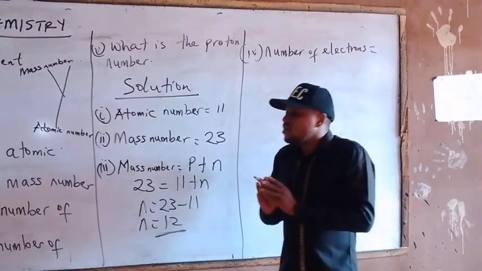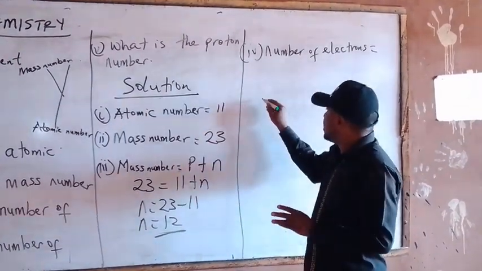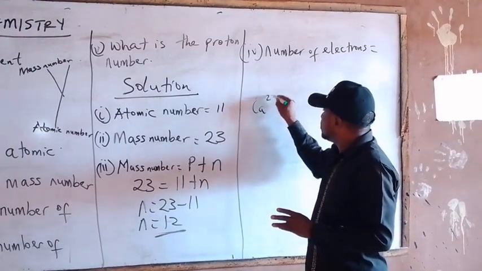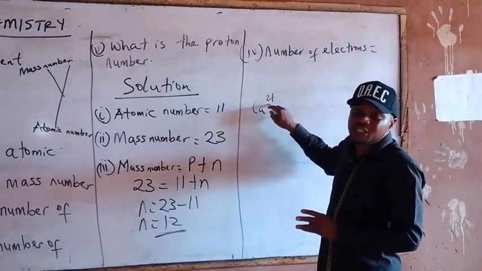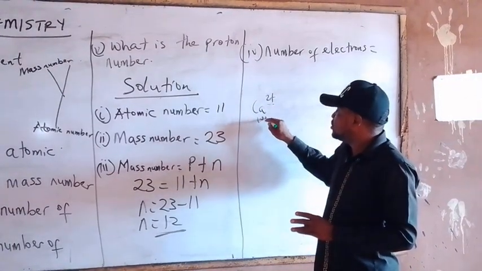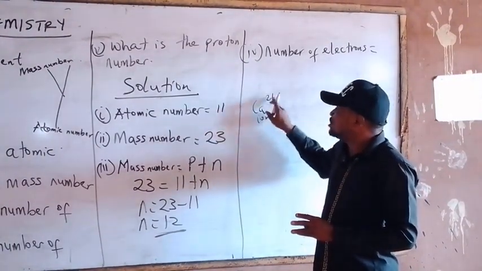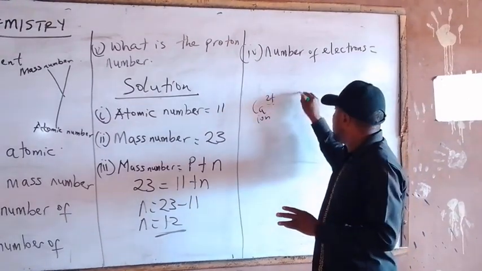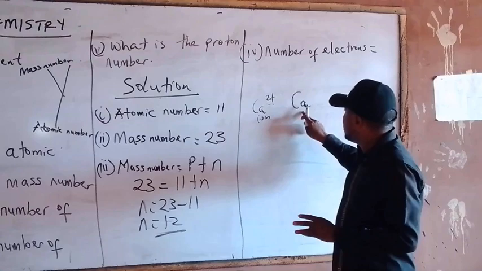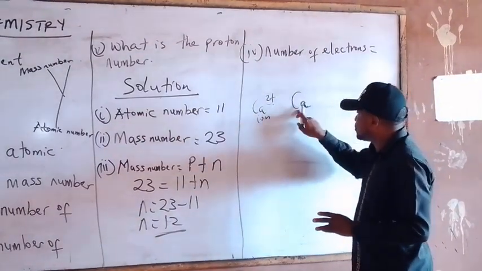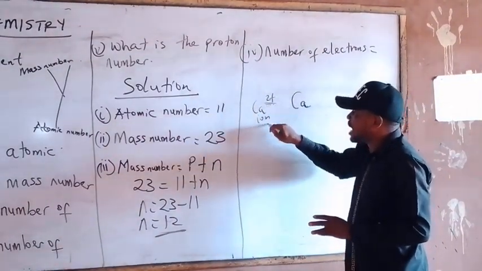Take note. Now, for instance, something like this, calcium. This possesses charge, so it's an ion. So therefore, it's not a neutral element. But you see this? It does not possess charge. It's the same calcium, but this one possesses charge, so it's an ion.